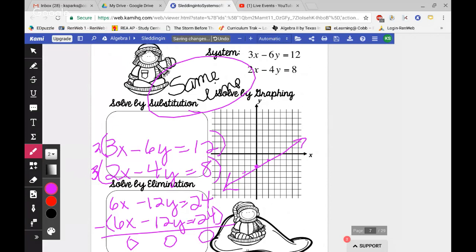What about the negative 12y? Wouldn't that be... Oh, wait, no, if they're subtracted. Okay. Yeah, good job. So it would be no solution? It's the same line. When it's a true statement, like 0 equals 0, it's the same line. Infinite solutions. Many solutions, however you want to put it. Same line, infinite solutions, however you want to write that.